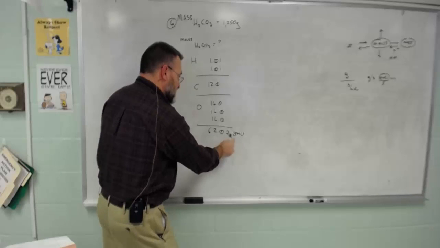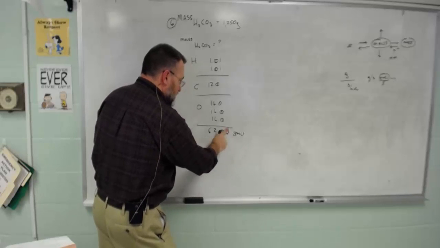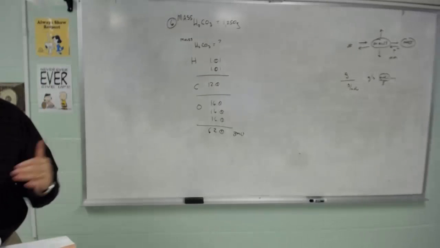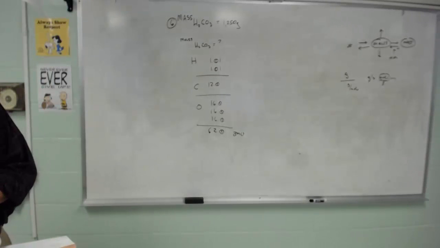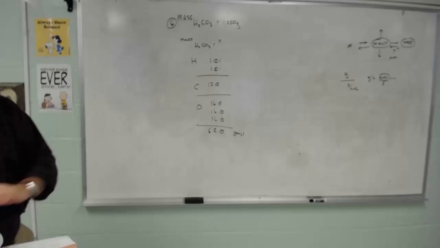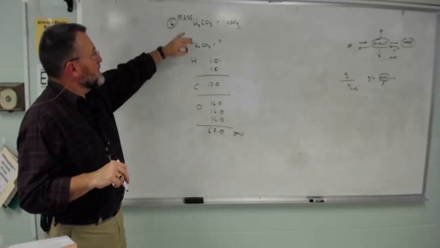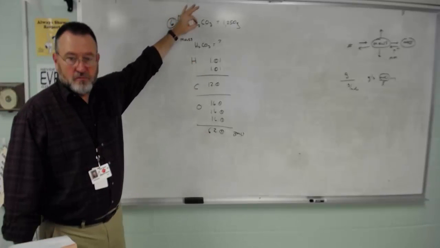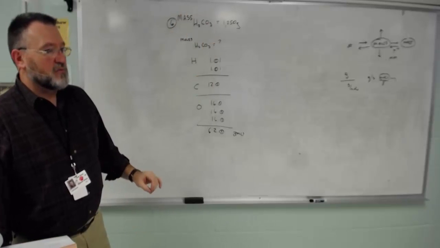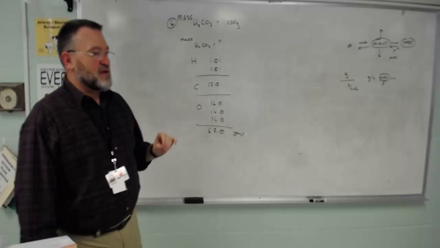In this case, it indicates that I don't do anything, so I just eliminate that. 62 AMUs is the mass of 1 molecule. Okay. Now, the molar mass is not the mass of 1 molecule.